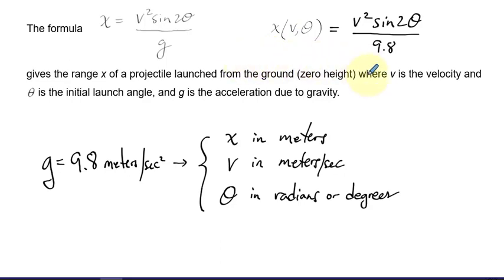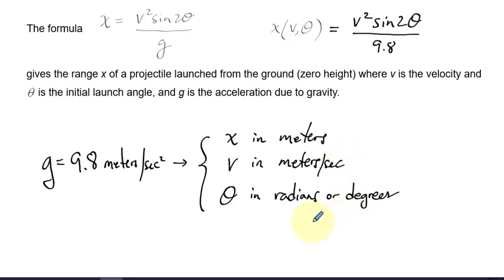In this video, I'm going to use an acceleration due to gravity of 9.8 meters per second squared. If I make that assumption, then all of the work that I'm going to do through the rest of the video will assume x, the range, is measured in meters, and that the velocity, or technically the initial speed, is in meters per second.